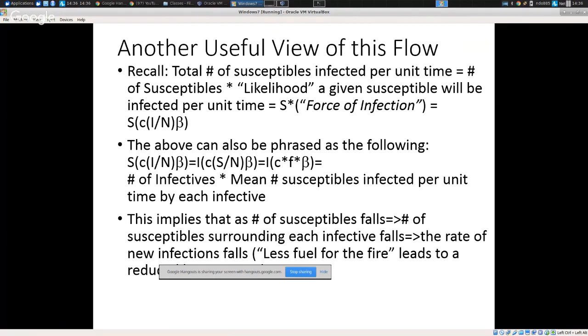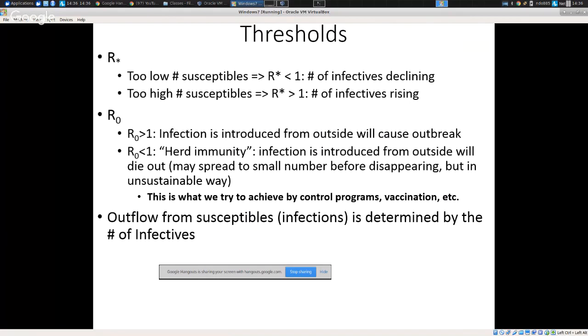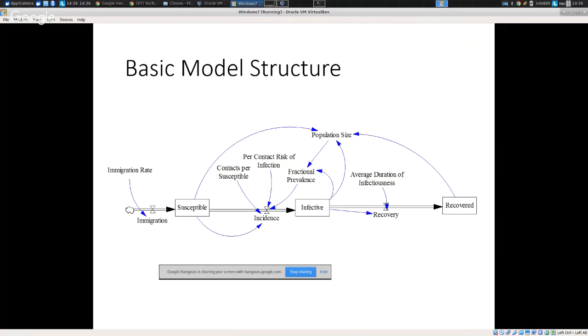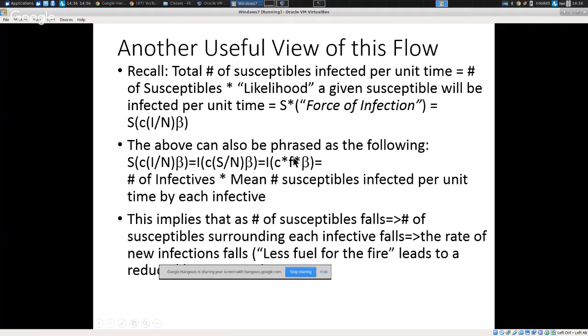And we termed this S over N, F, because it was so critical. And when we looked at interpreting the dynamics of the infection, we found that F was critical. It was critical because it limited the spread of infection. If you're an infective and you're surrounded by susceptibles, you're going to transmit much more effectively than if you're surrounded by very few people who are susceptible.